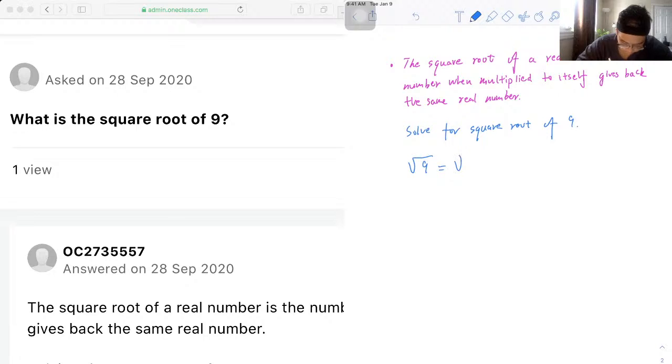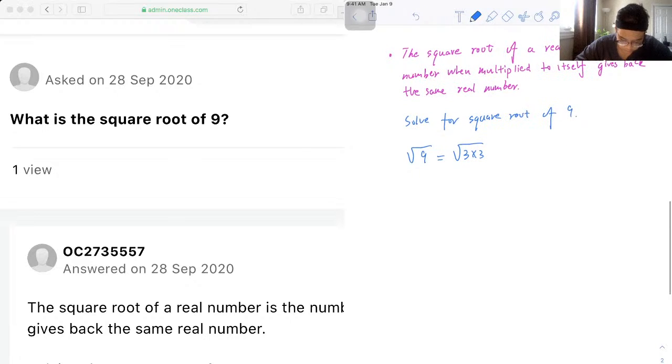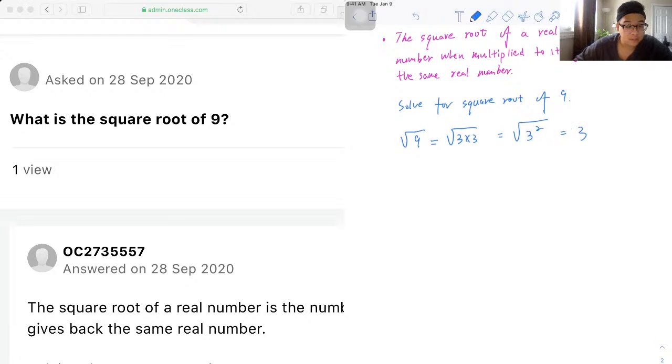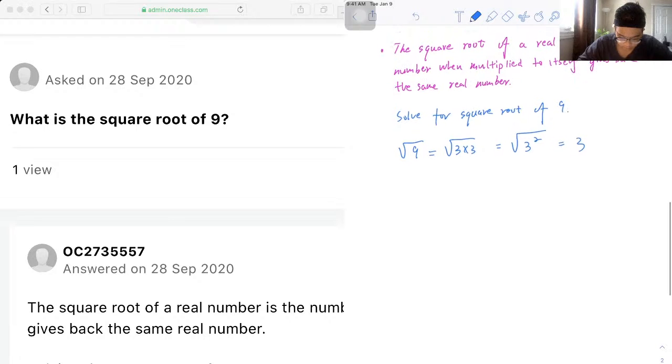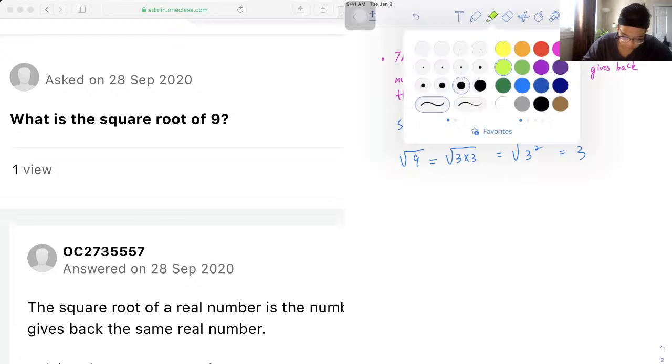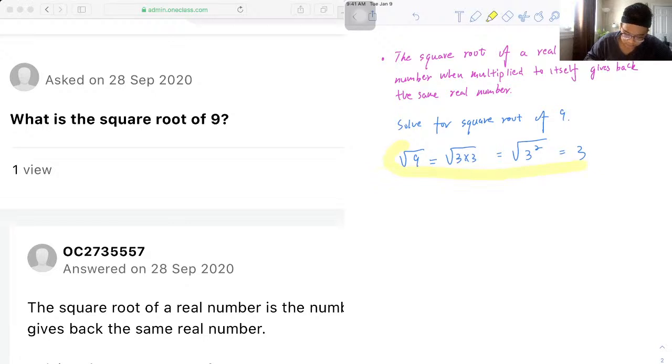So root 9 is equal to root 3 times 3, which can also be written as root 3 to the exponent of 2, which is just going to be 3 itself. So we can express the number 9 as the square of 3, thus we can cancel out the square root and the square. Right, so this will be our final answer.